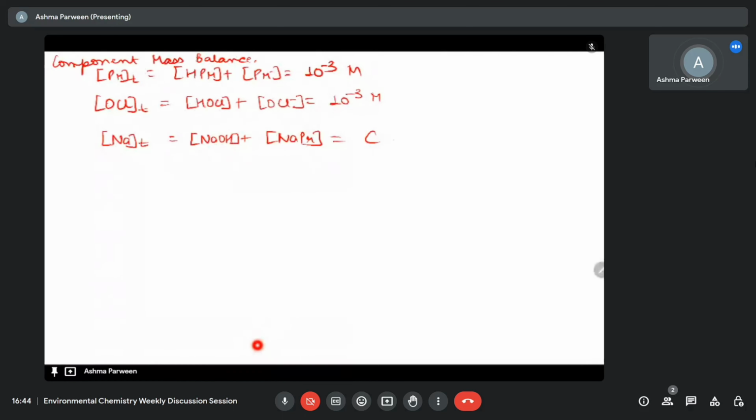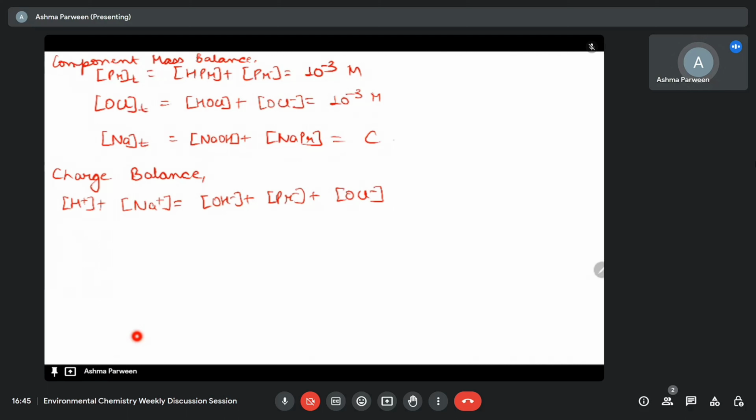Now we will write the charge balance for the system. In the charge balance, the total positive charge should be equal to the total negative charge. The cations are H plus and Na plus, and the anions are OH minus, Pr minus and OCl minus.